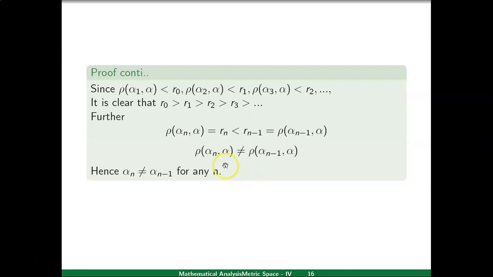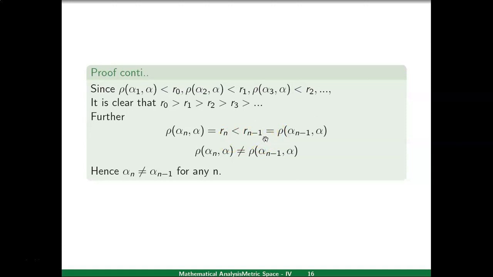We see that the distance of alpha 1 from alpha is less than R0, the distance of alpha 2 from alpha is less than R1, the distance of alpha 3 from alpha is less than R2, and so on. So it is clear that the radii are decreasing: R0 is greater than R1, R1 is greater than R2, R2 is greater than R3, and so on. Further, rho(alpha n, alpha) is equal to Rn, which is less than R(n minus 1), right?